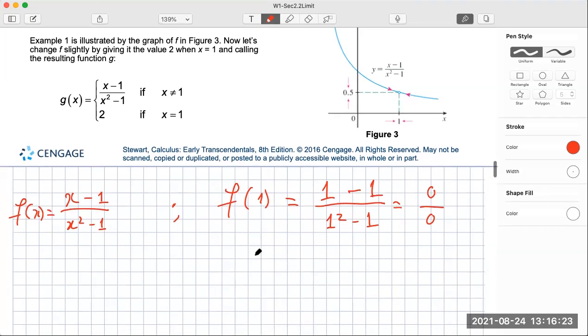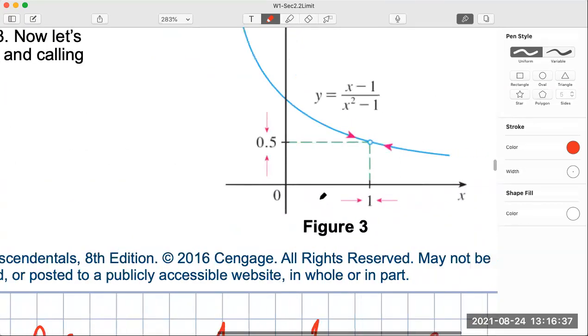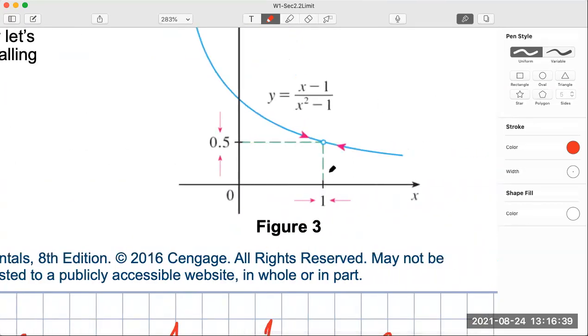Remember? Very good. That is why you see that at 1 there's a hole in the graph. The function is not defined at 1. Very good.